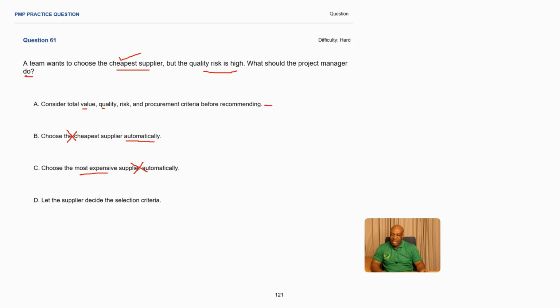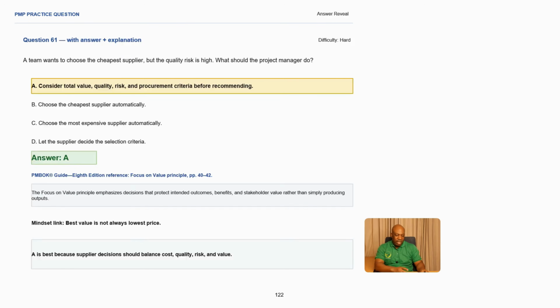Let the supplier decide the selection criteria. The supplier cannot decide on behalf of the client. As a project manager, you're the one who is supposed to do this. Making A the best answer in this scenario. So you need to consider total value, quality, risk, and also procurement criteria before recommending anything to do with supply.